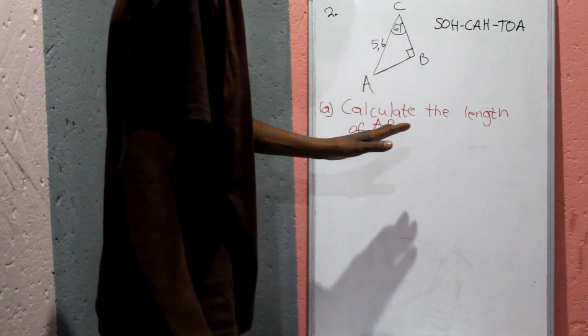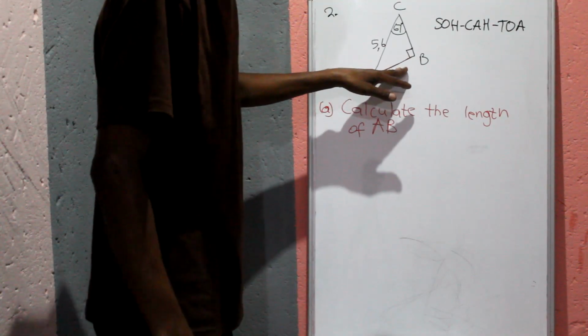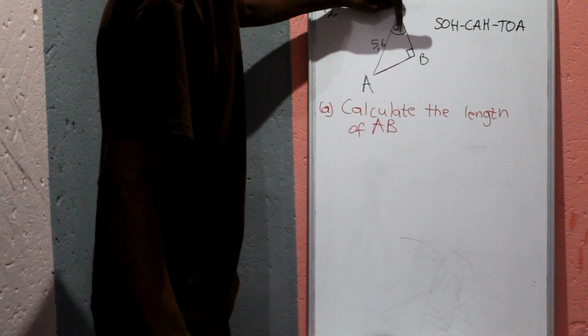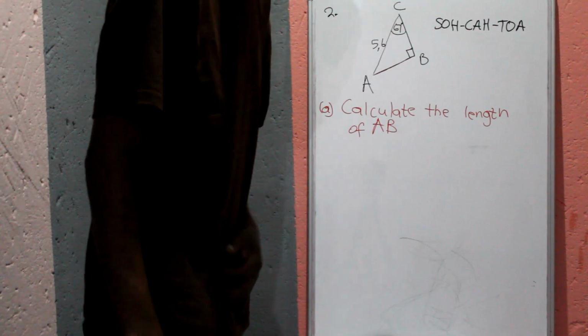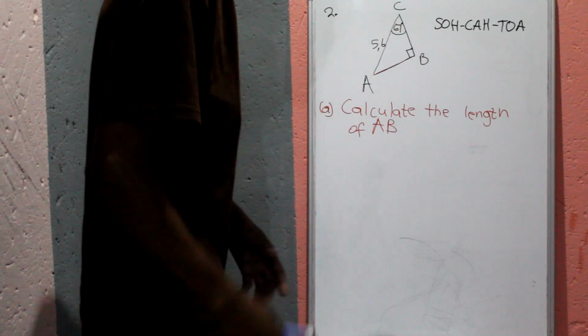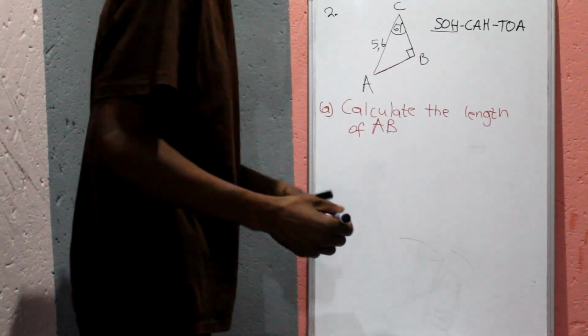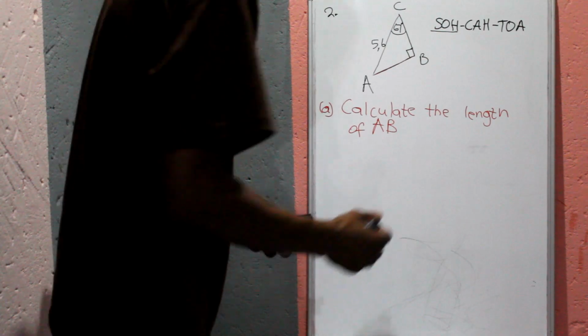The relationship we're looking for is the relationship between the opposite side and the hypotenuse versus the angle, which is angle C, 67 degrees. Now, obviously, we can use the SOH, which is sine.